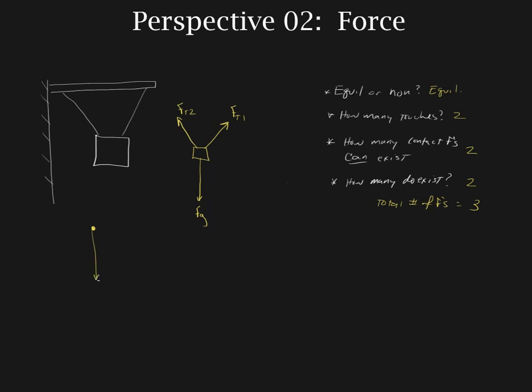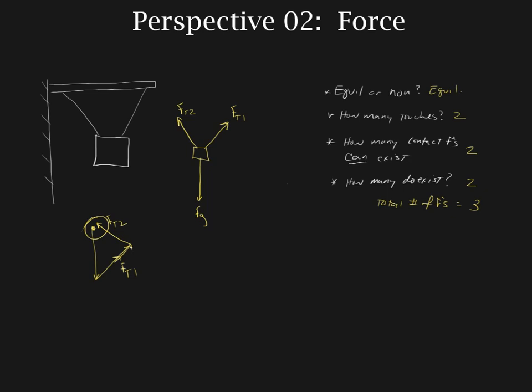Then we have FT1 points up and to the right. And that should actually be a little longer. All right, and then we have FT2 points up and to the left. And you can see that we're back to where we started. And so this FBD does show us equilibrium.